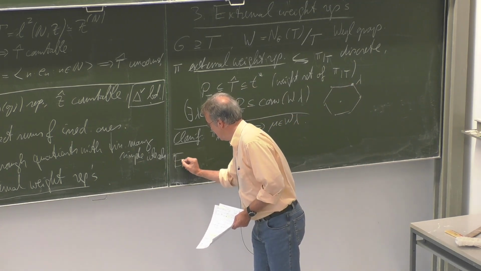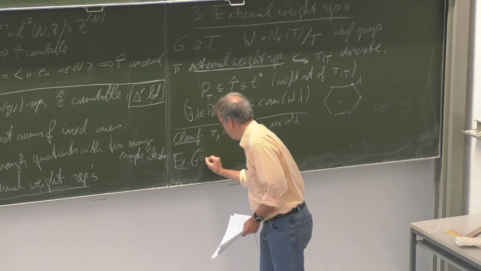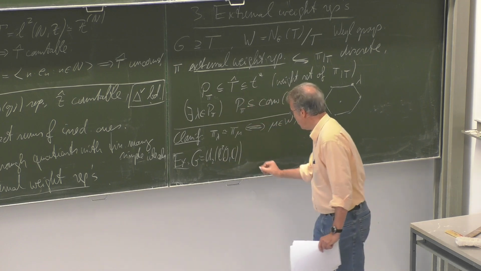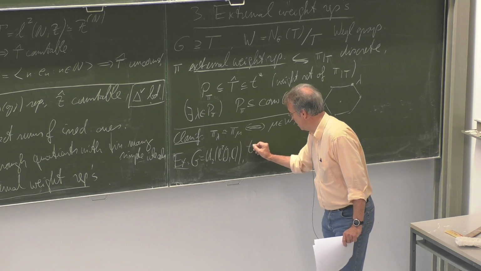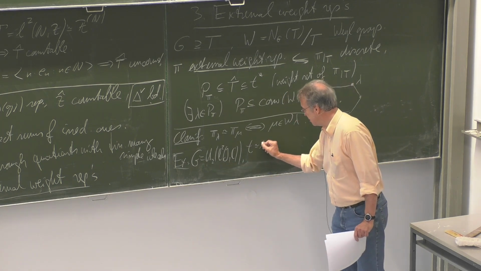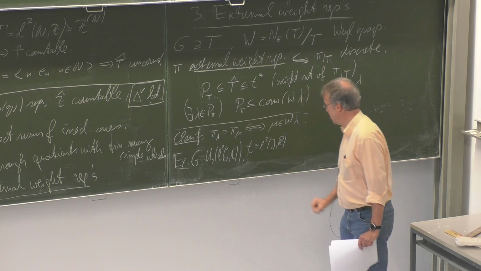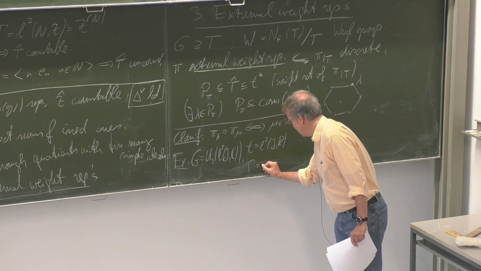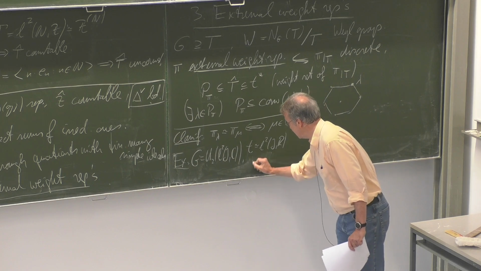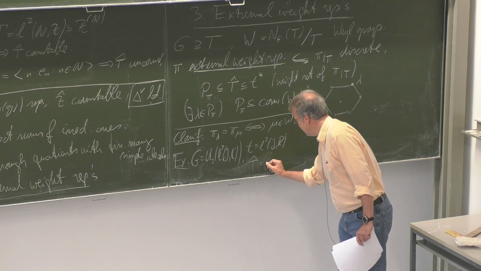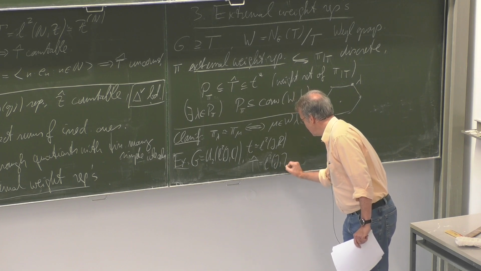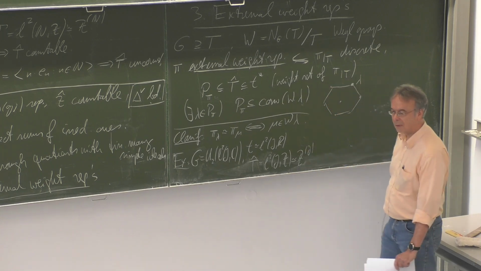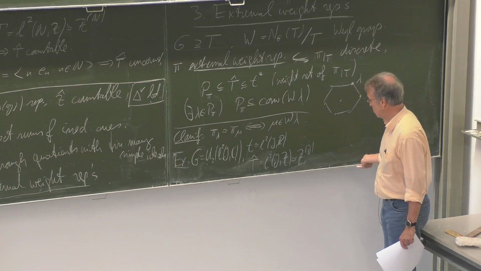So a typical example in our prototype, if G is U2 of J, then the torus is the group of diagonal elements, and here this is sort of the corresponding L2 space, and the T hat, the characters, are basically the L2 functions with values in Z. So again, this is the group on K generators.